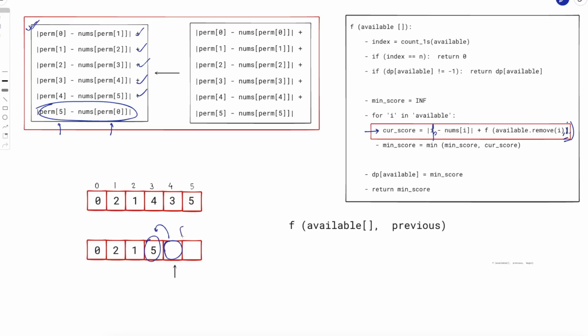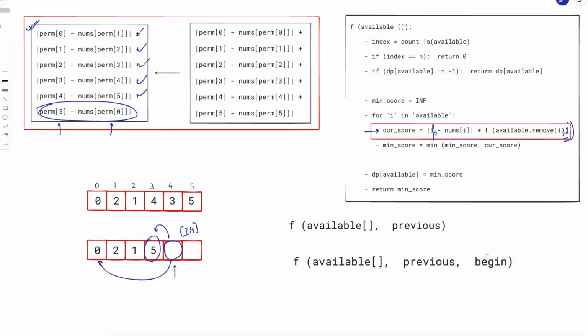Second, what all elements are left. So in this particular scenario 3 and 4 are left, right? And third, what is the first element that you have filled in this entire current permutation, which is 0. So you maintain begin, previous and available. So this will be your new state.